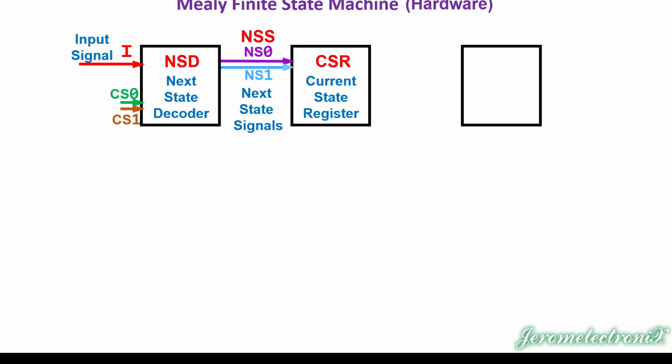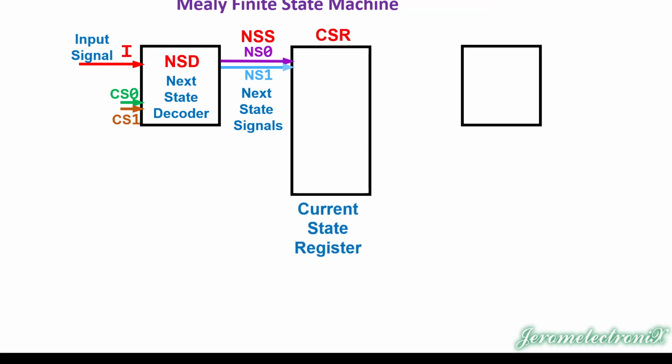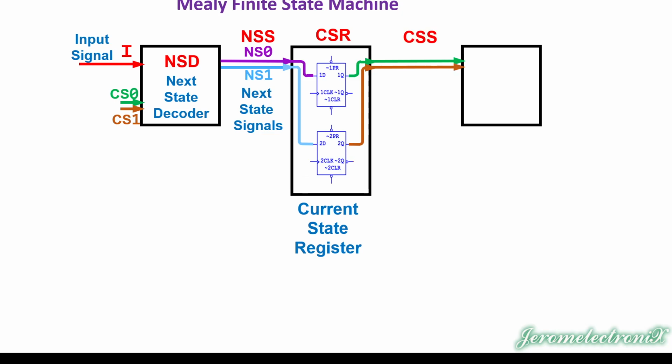The current state register is really not anything more than a couple of flip-flops. These happen to be D flip-flops. We feed this information into each of the flip-flops, and at the right time it gives an output known as the current state signal.